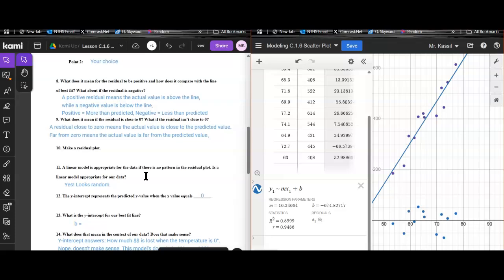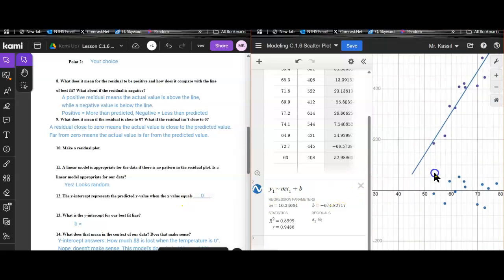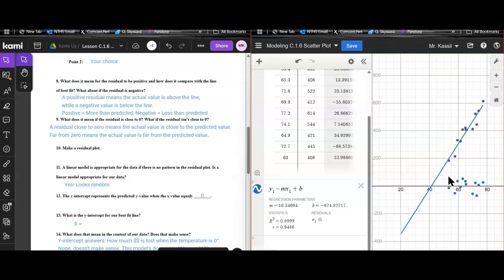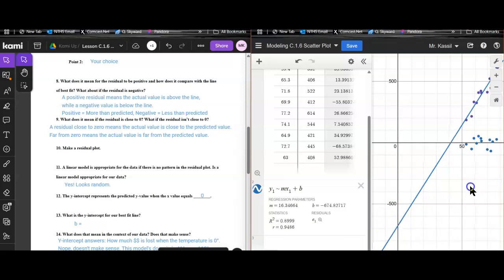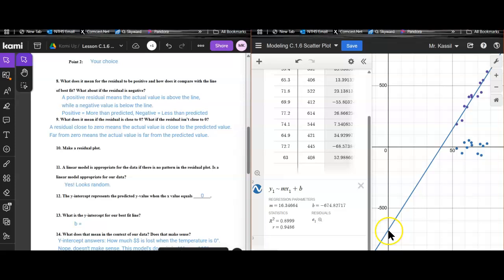Now, the y-intercept represents a predicted value when the x value is 0, right? In case you forgot, when we look at our x value, it's going to be 0 to get our y-intercept right over here. In order to get that y-intercept, we can actually click it on the graph, but you'll notice that that y-intercept matches our b value, because y equals mx plus b.